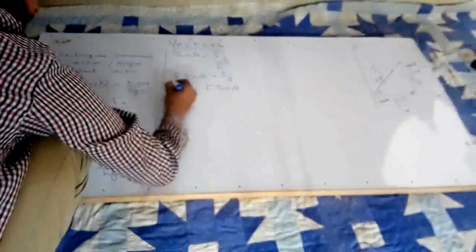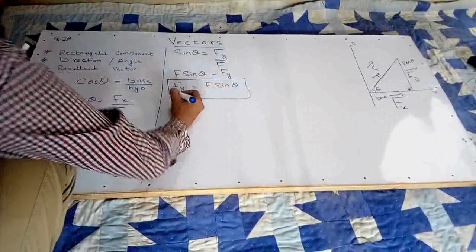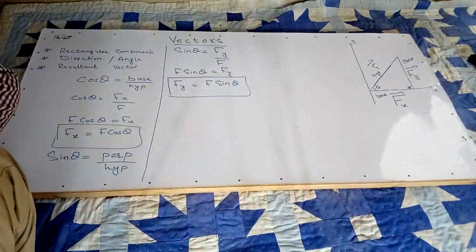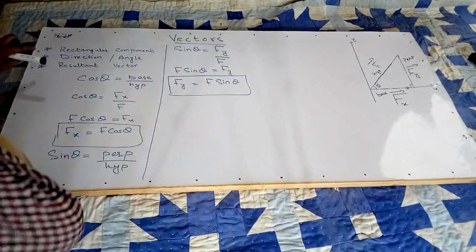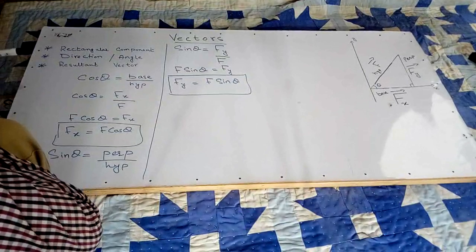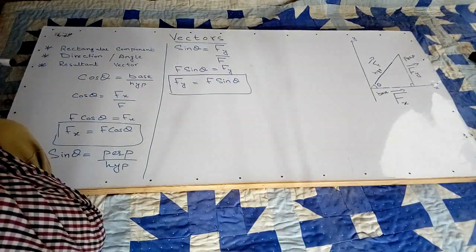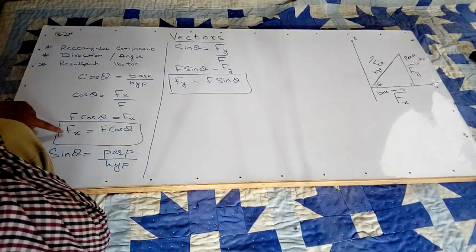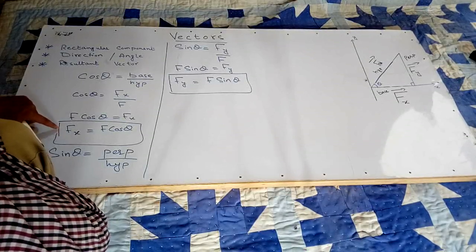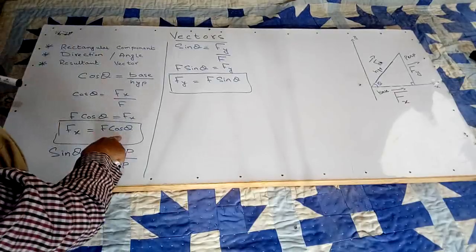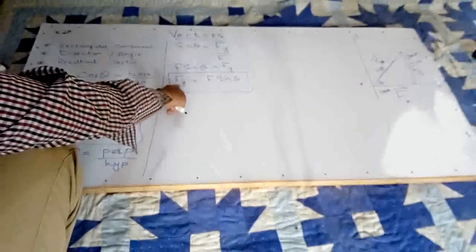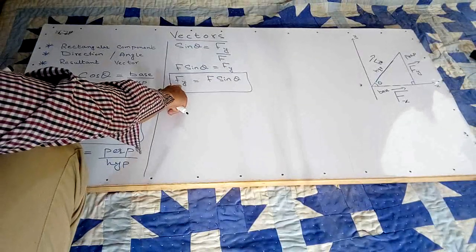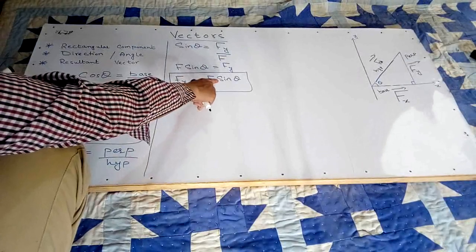So we can say that if force is applied on a body with the angle theta, its component is divided into two components, Fx and Fy, called rectangular components. The Fx component is derived by the formula F cos theta, and the force y component is derived by the formula F sin theta.